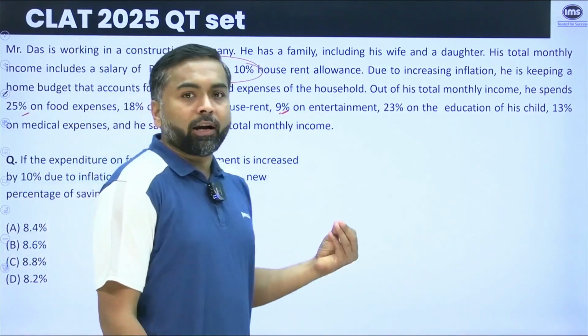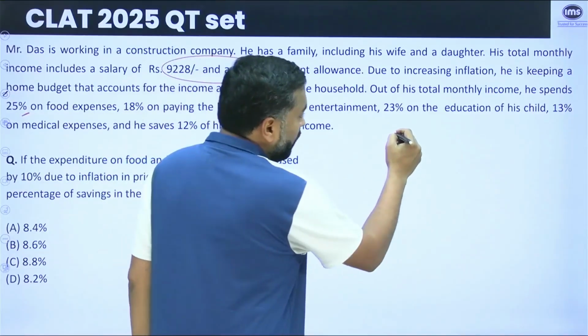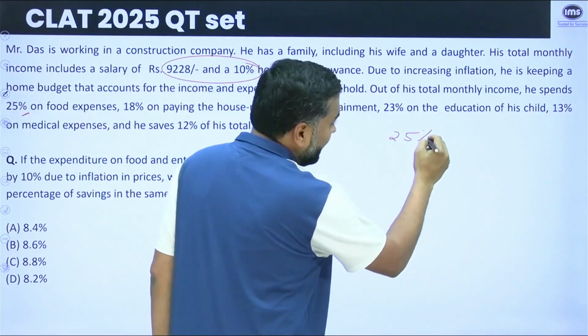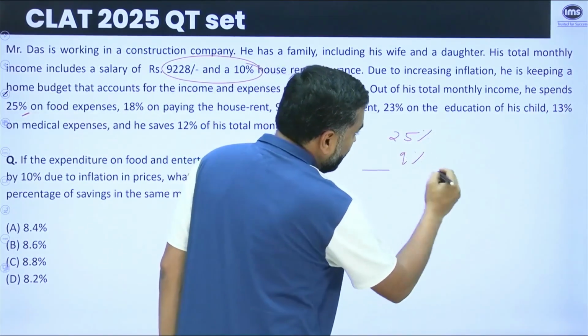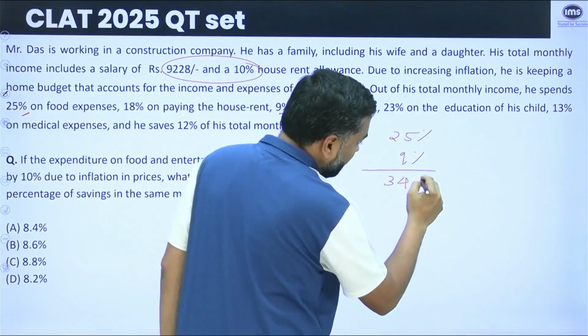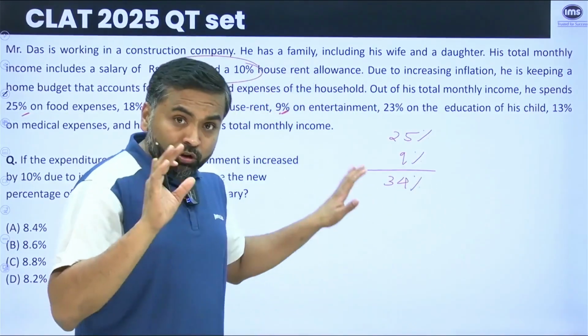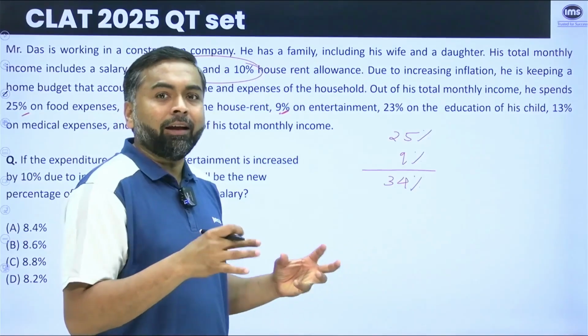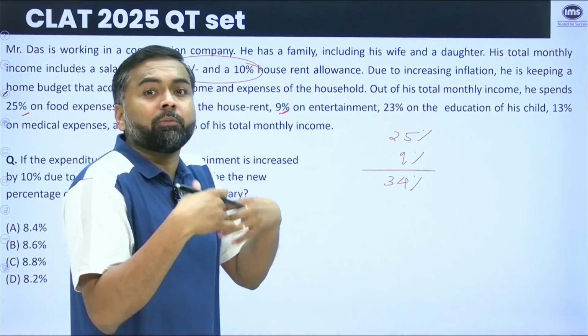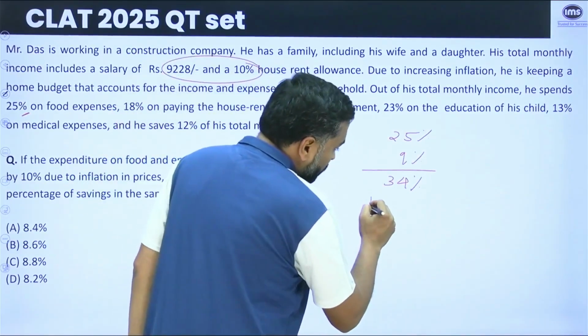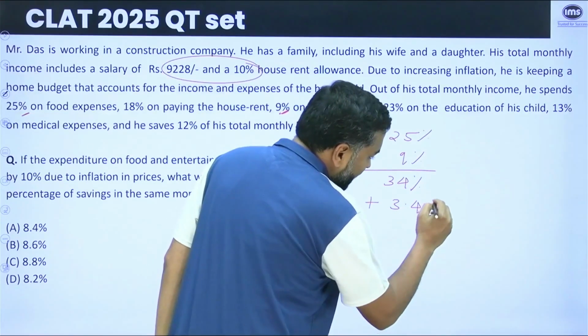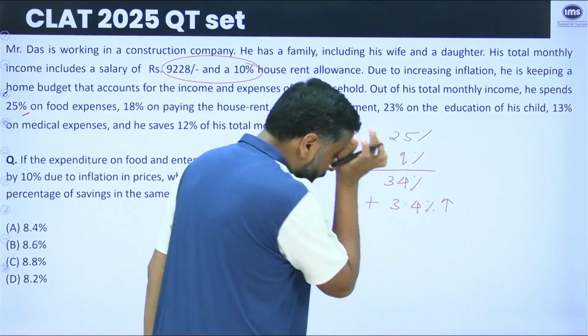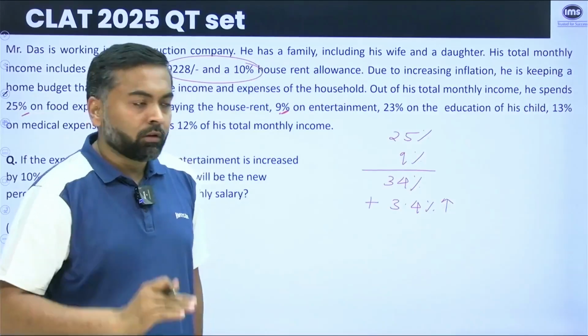The best way to look at this question: food is 25% and entertainment is 9%. So the net is 34%. Now this 34%, we are saying that the expenditure on this increased by 10%. So it will go up by 3.4%. Can I say that? Numerically it will go up by 3.4%.